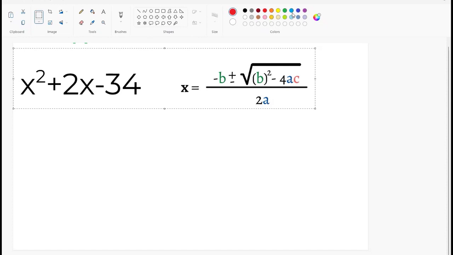So first, let's identify a, b, and c. Let's do a first. We said it's ax squared, so a would be over here. But you might think there's nothing there. So obviously there's no a, right?